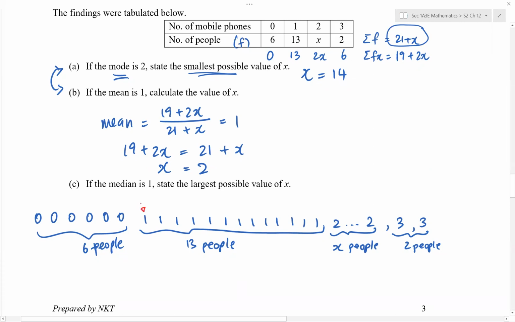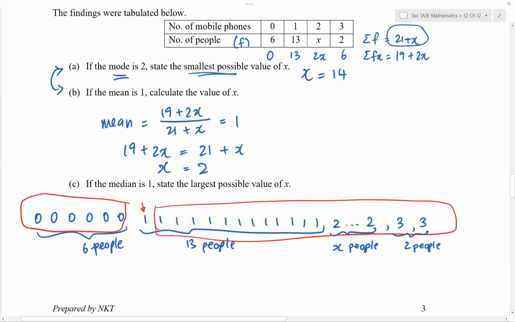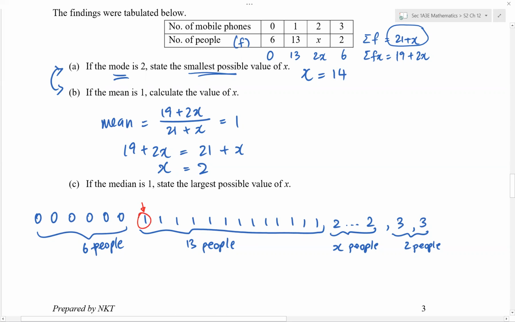Could this particular one be the median? To answer that question, count the number of people on the left. It's got 6. Count the number of people on the right. This is definitely more than 6. So, in other words, this one cannot be the median.